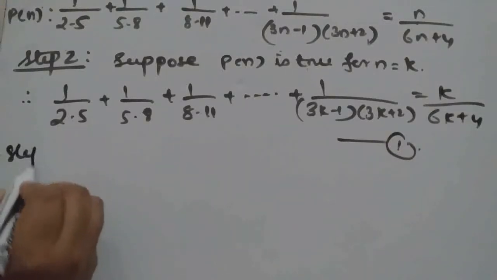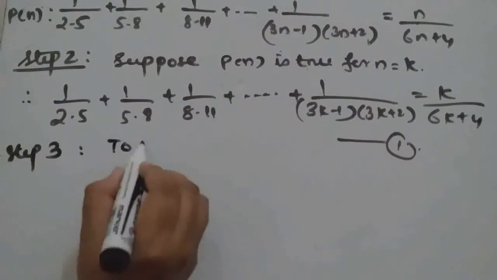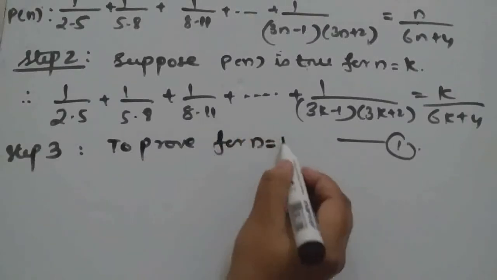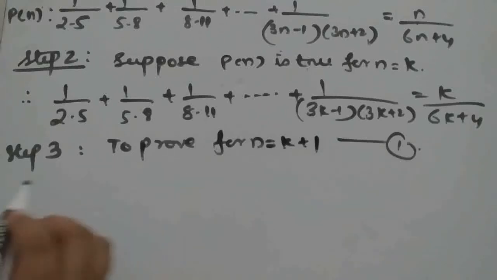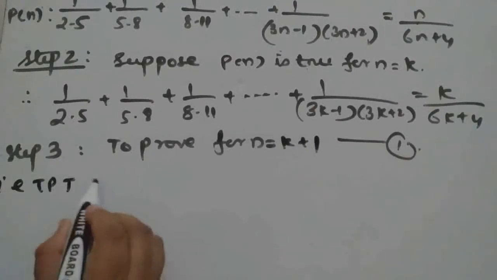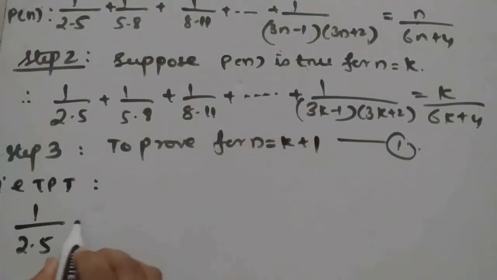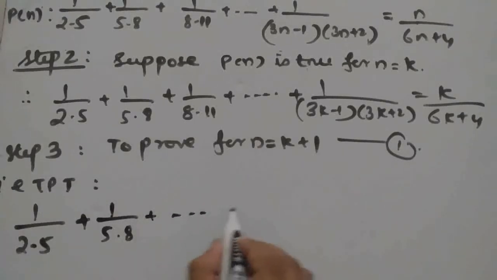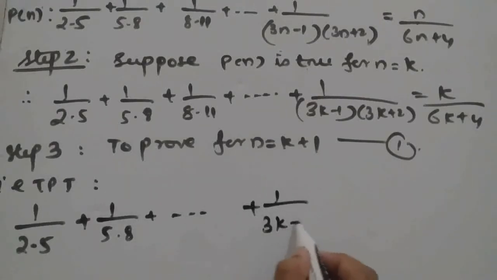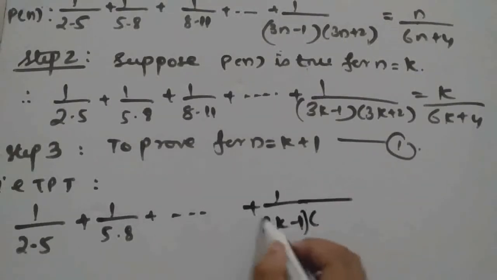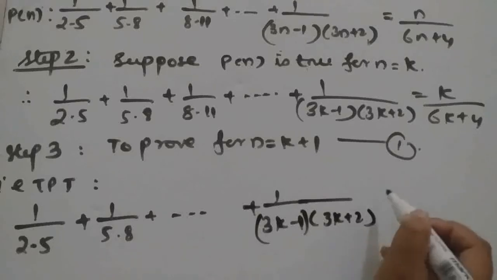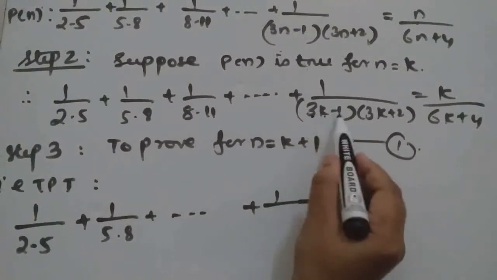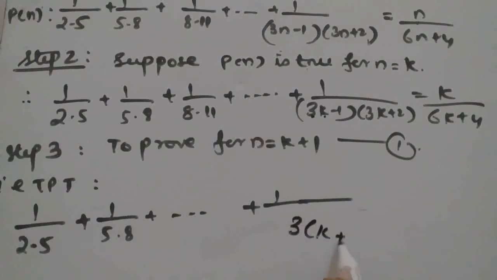Now step 3. Step 3 means to prove for n equal to k plus 1. That is to prove that 1 by 2 into 5, 5 into 8, up to 1 by 3k minus 1, 3k plus 2, with k plus 1 substituted.